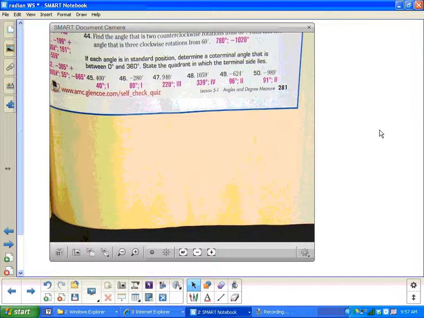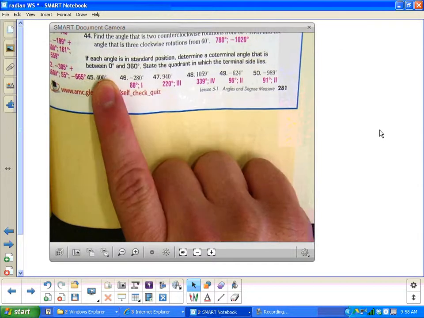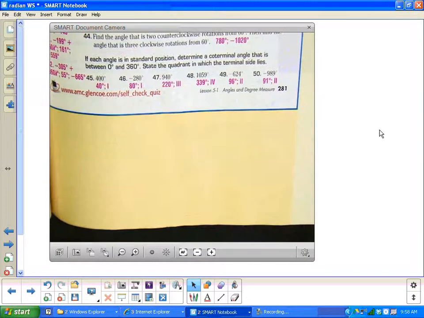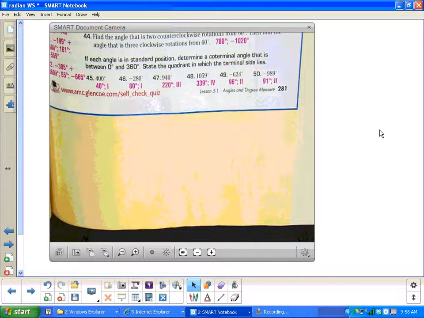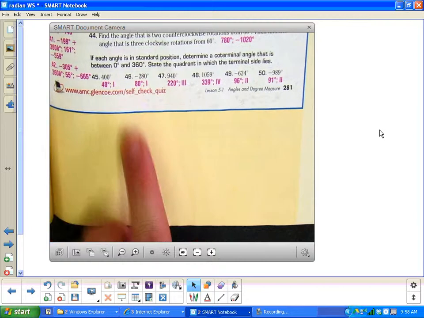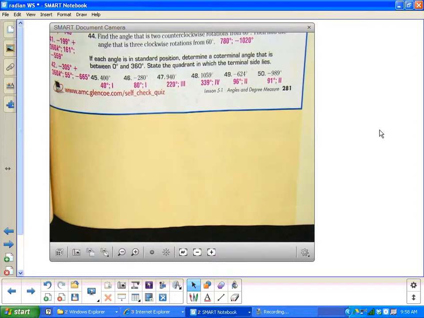Right, subtract 360 or add 360. If it's more than 360, like number 45, all we have to do is subtract 360. And if we have to do it more than once, then you do it more than once. If it's negative, like on number 46, all you have to do is add 360.